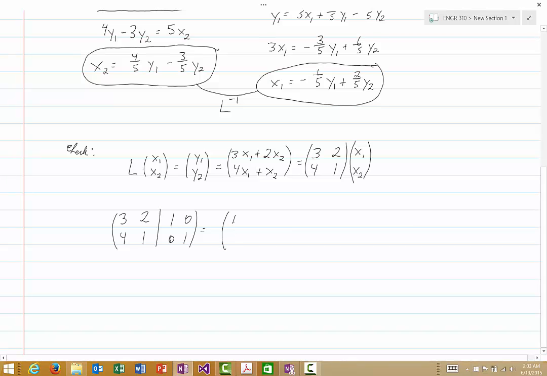We'll get 12, 8, 4, 0. And multiplying the second row by -3, we get -12, -3, 0, -3. And now add the top row to the bottom row, we get 12, 8, 4, 0, 0, 5, 4, -3.